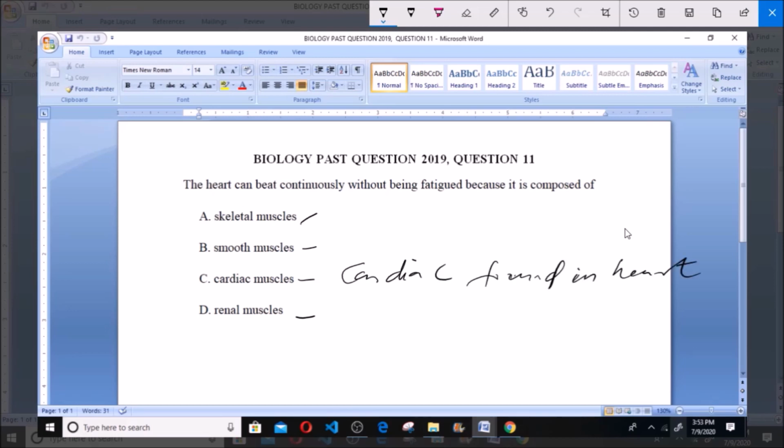And what is the special feature of this muscle? Cardiac muscle is responsible for the continuous beating of the human heart. It is never fatigued because it never stops beating. We do not control the cardiac muscle by our conscious activities. The cardiac muscle is controlled by the human brain.